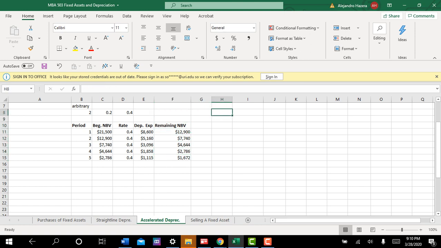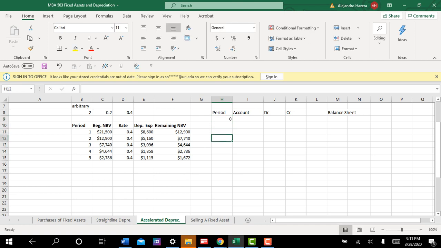Okay, let's see. We'll have period here. We'll have account, debit, credit. That's the journal entry. And finally, we'll put the balance sheet over here. Okay, so let's start with period 0.